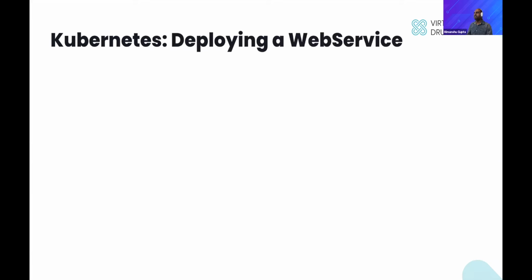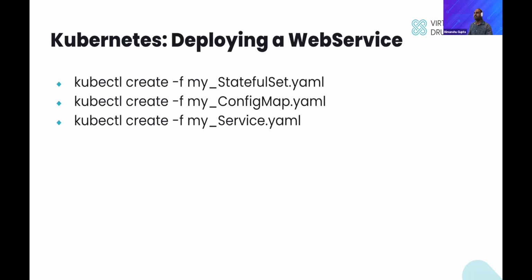That basically gives me X number of processes running a particular web application and things like that. For example, if you have a simple web service that you wanted to deploy on a Kubernetes cluster, you would typically create these kinds of YAMLs, which contain details of where your Docker image is, how many replicas of the web service you want to have, what configuration you want for them, and a resource to talk about how users are going to reach your service, whether you want to create a load balancer and things like that.